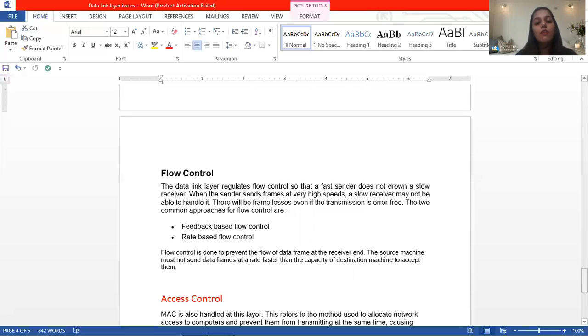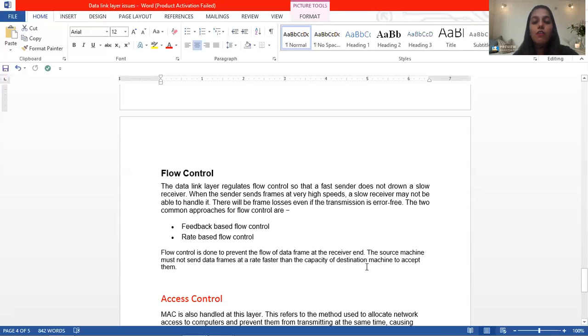So flow control is done to prevent overflow of data frames at the receiver end, and the source machine must not send data frames at a faster rate than the capacity of the destination machine.